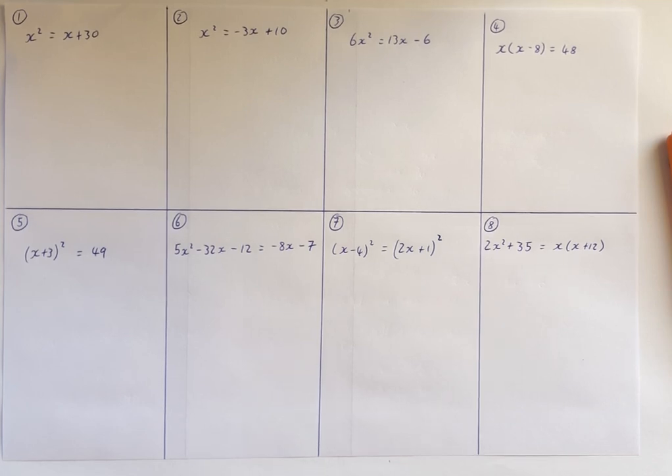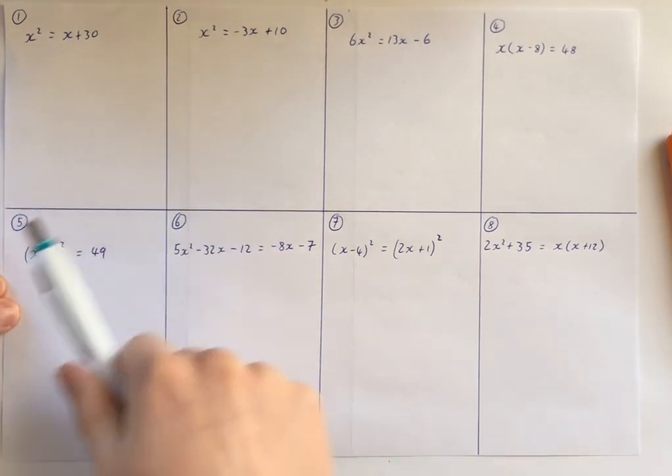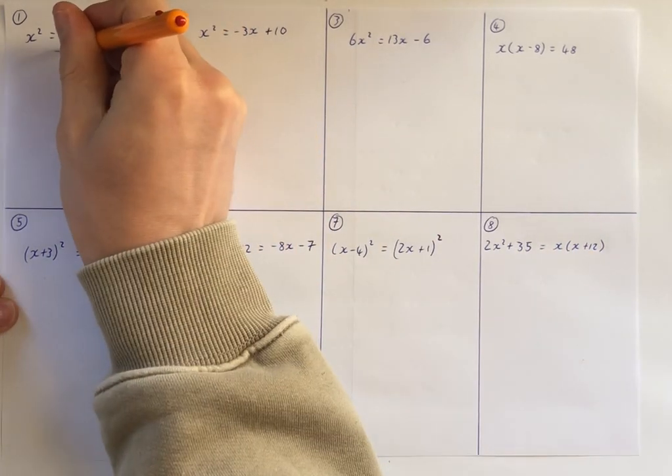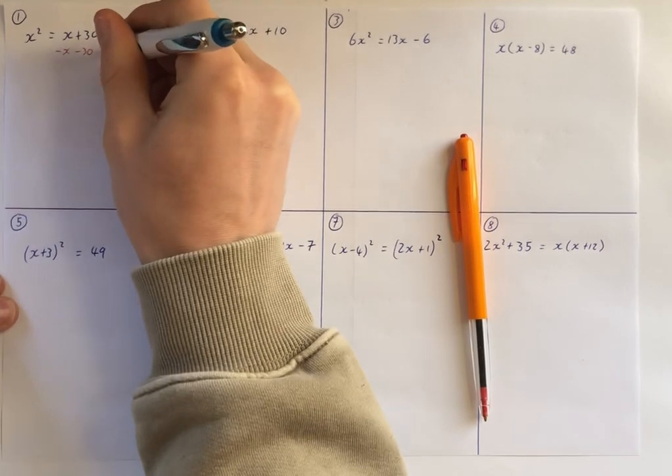Cool, so hopefully you've paused and given that a go. I'm going to get started. Just to keep the video short, I might go through these a little quick, so just maybe rewind if you need to go through it again. So on this one, it's not equal to 0. We're going to have to subtract x and subtract 30 from both sides.